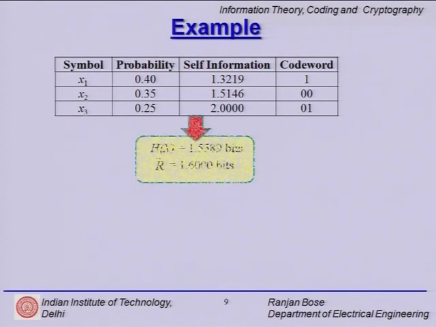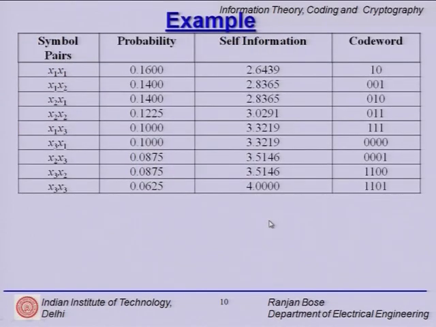We also did a simple example where we had 3 symbols x1, x2, x3 with the associated probabilities, the self information and the code words, and we calculated H(X) to be 1.5589 bits and R bar, the average bits per symbol, 1.6 bits, and the efficiency was 0.97. Now, we did a simple experiment, we made pairs. So, my block length is 2.